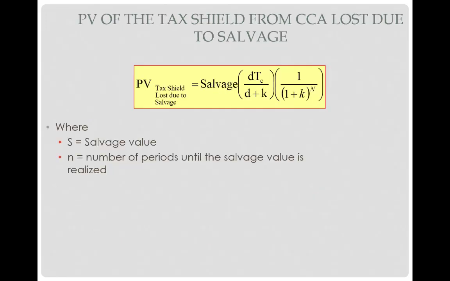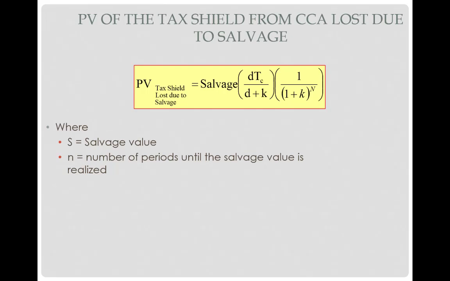When you ultimately sell the asset, right, at the end of the project, you're going to get rid of the asset, so you can no longer deduct CCA at that point. You will lose the deductions, right? So you're going to calculate in today's dollars the present value of all of the savings from now until forever. And then the way we calculate what happens when you get rid of the asset is you actually subtract out the tax shield lost because you've sold the asset at some point before forever.